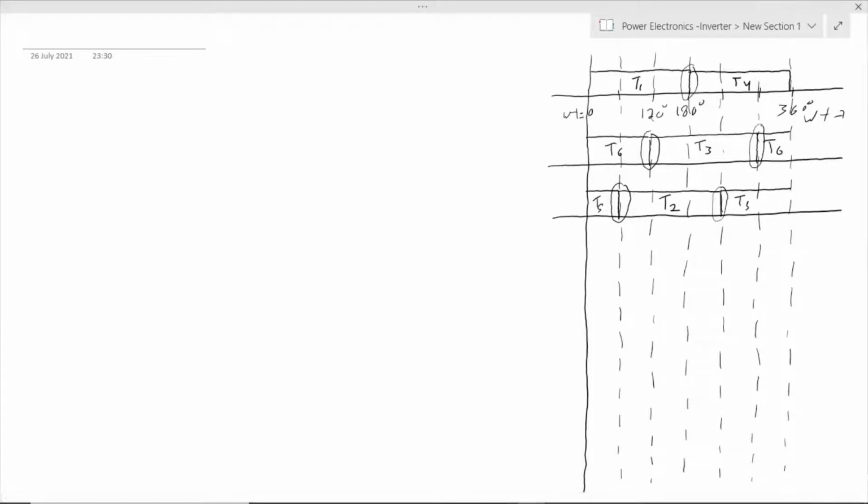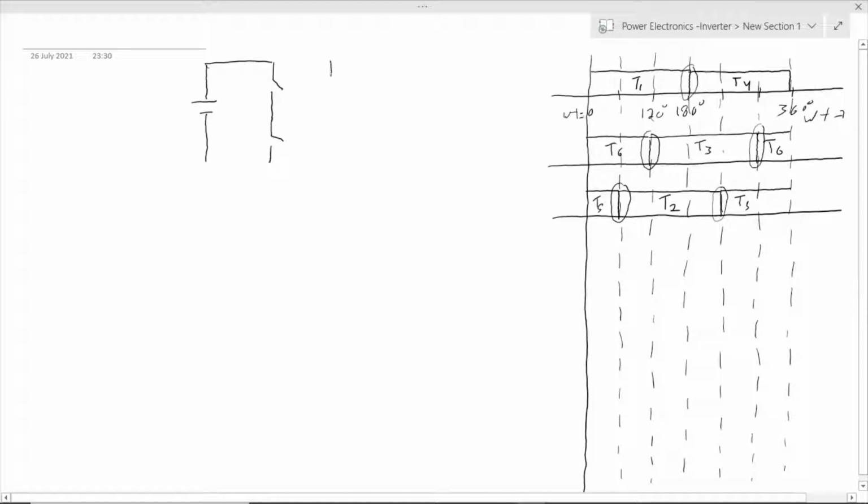So we need to just analyze what will be the voltage across all the phases when these switches are on. I will just give you one case. Let me draw my reference circuit. It has to be like this. I'm not making the diodes now, I'm just making the switches.